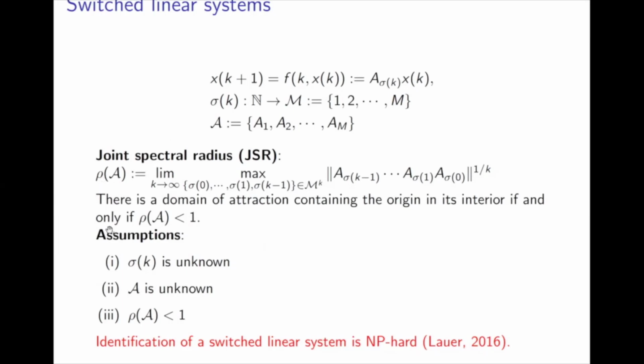Here, we would like to make a few assumptions. The switching signal is not known, the dynamics are not known, the joint spectral radius is less than 1. So when the switching system is not known, then it is proved that the identification of the switch linear system is NP-hard.